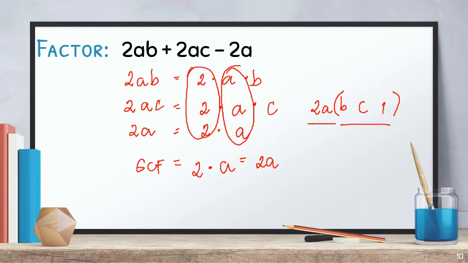For the operations in between the terms, we will use the operations used in the given, so we have plus and minus. So b plus c minus 1. Therefore, our final answer is 2a multiplied by the quantity b plus c minus 1.